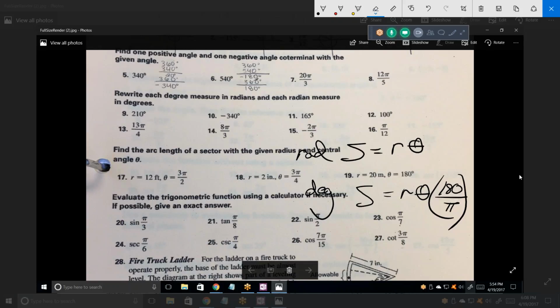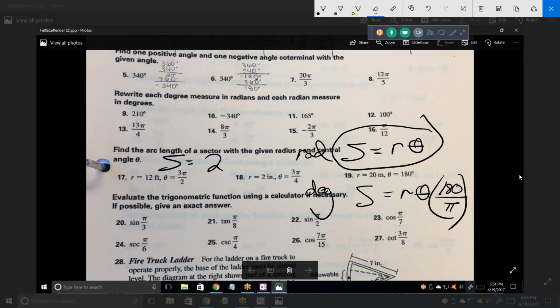So let's do 18. You tell me what to plug in. Is that measurement in degrees or radians? Radians. Okay, then we're going to use this formula. And theta is going to be whatever it is in radians.